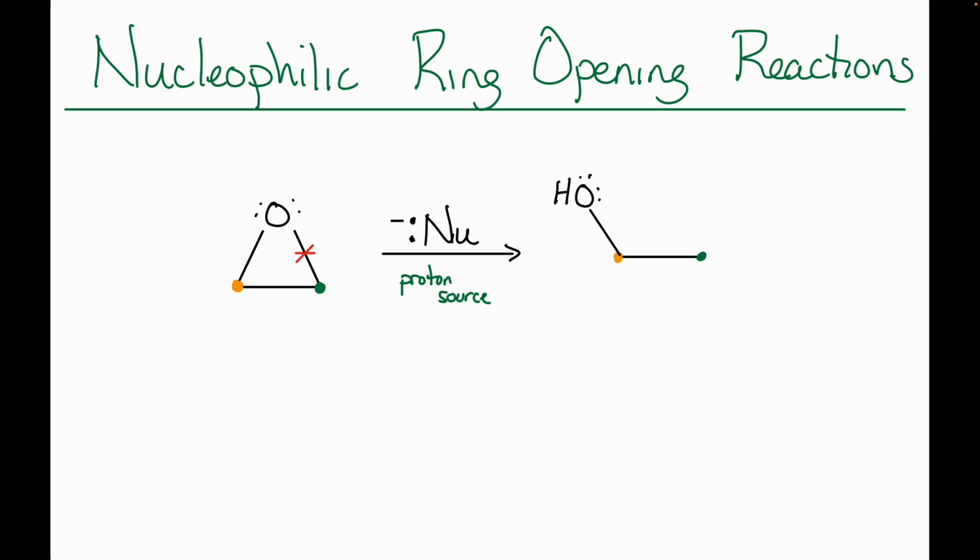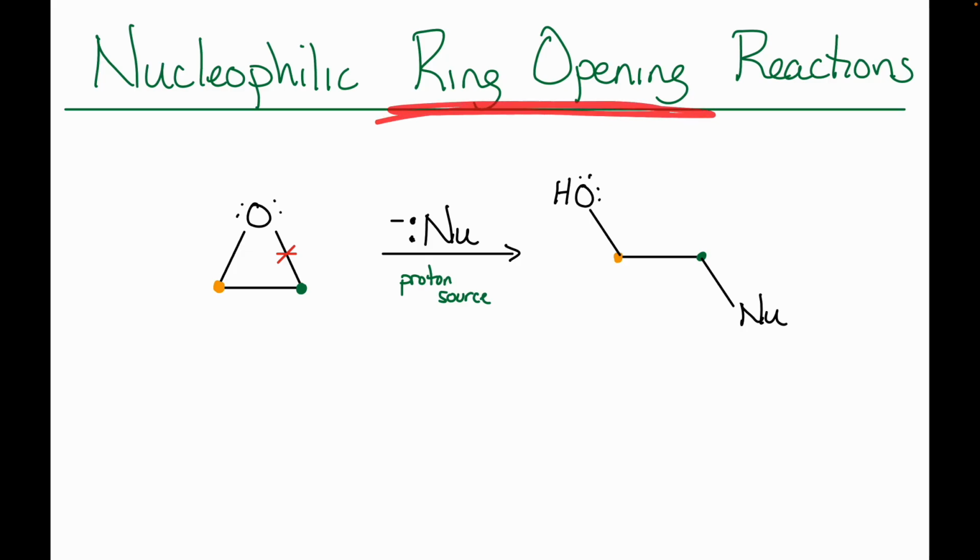And the other carbon now has that nucleophile attached. All right, so these are these nucleophilic ring opening reactions. The real thing that you should have tied in your mind to the reactions of epoxides is that phrase ring opening, right? That's this common thread that we're going to see, is it breaks that carbon-oxygen bond in our epoxide.